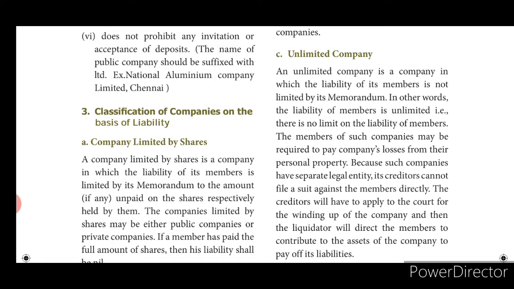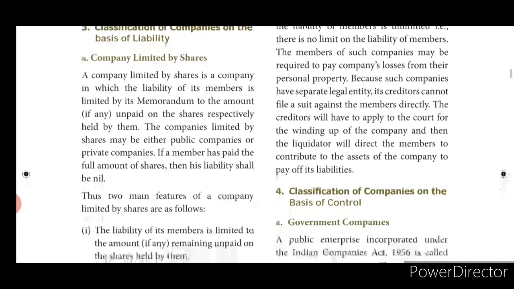Because such companies have a separate legal entity, its creditors cannot file a suit against the members directly. The creditors will have to apply to the court for the winding up of the company, and then the liquidator will direct the members to contribute to the assets of the company to pay off its liabilities.